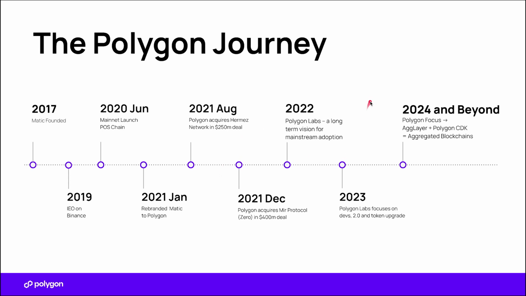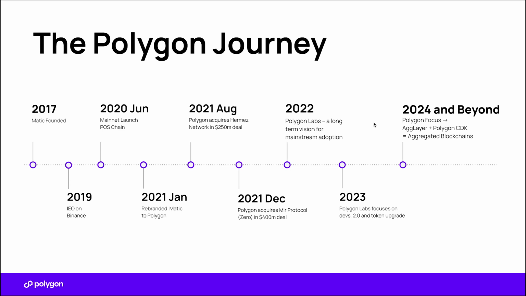And then after that, the focus has been on 2 things. The first one is solving the scaling problem through zero knowledge, and secondly, solving the fragmentation problem. Because as I told you before, Ethereum decided to increase its capacity through layer 2s, but what has happened is that there are many layer 2s out there that don't talk to each other.